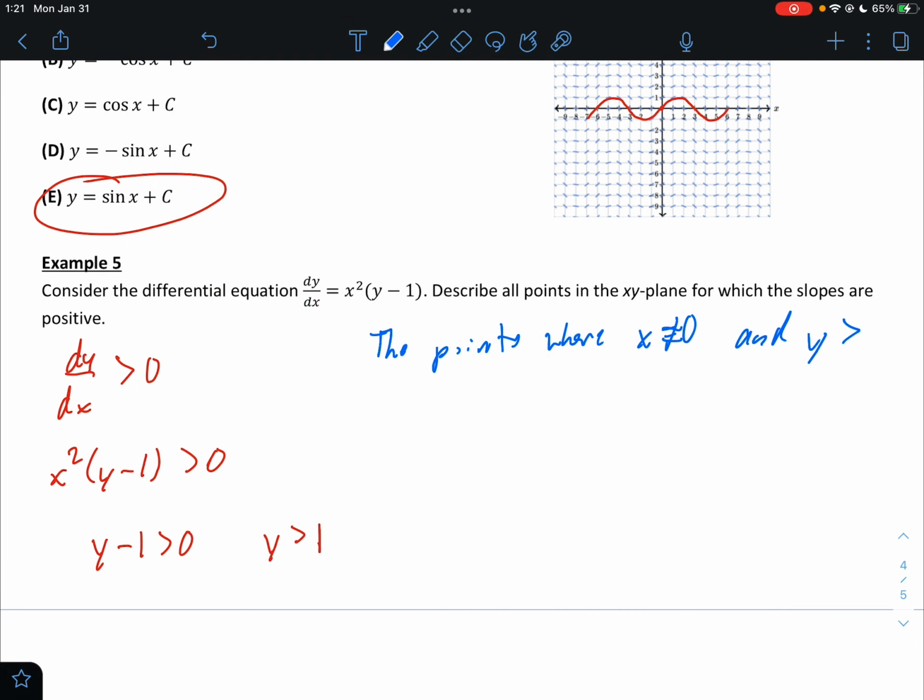Y is greater than 1 will yield positive slopes. Anything else would give us either a 0 slope or a negative slope.